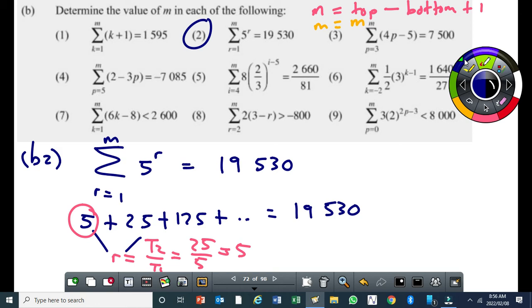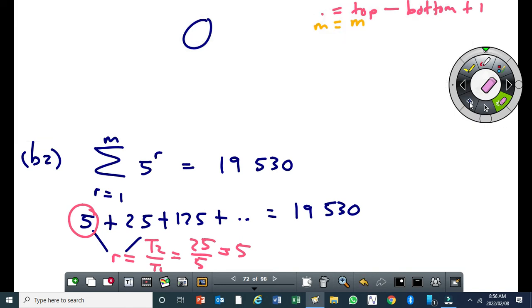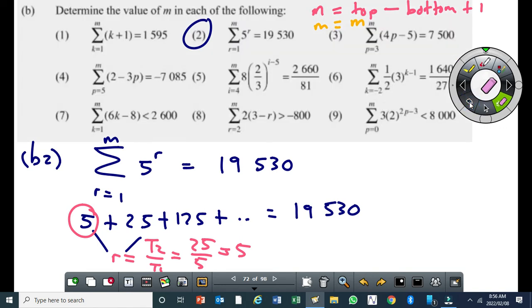When I use the formula for the sum of a geometric series, where there is n, in fact, let me change that m there to n. Oh, it's not allowing me, but in your book, please don't put m, put n there.